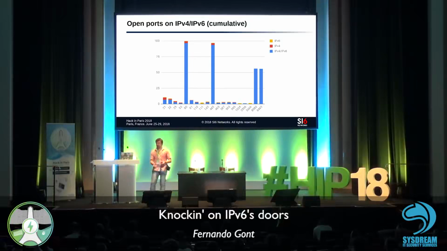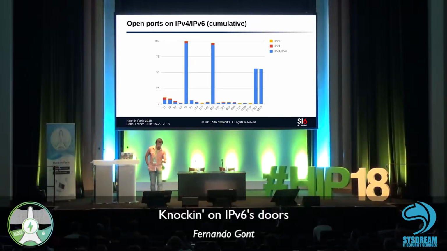Whereas in the other case, you have some port numbers that might not be available, for example, on dual stack or on IPv4, but you can reach them over IPv6. Obviously, since the majority of the ports are available on dual stack, the difference is not that clear here.